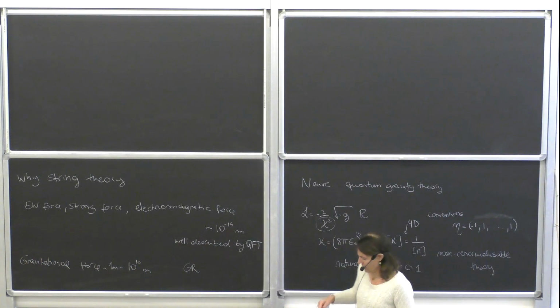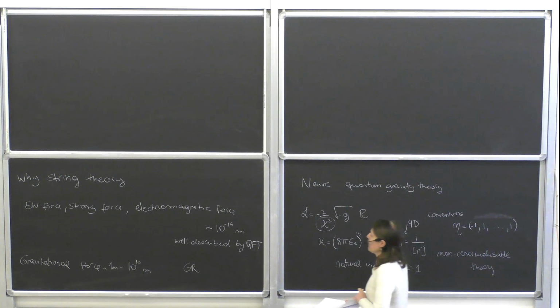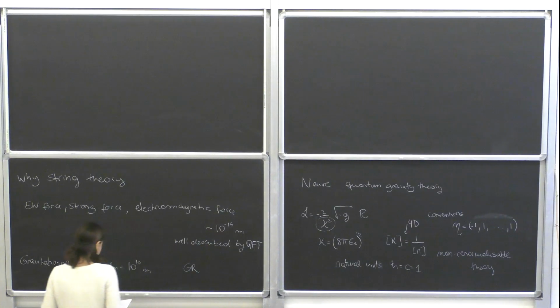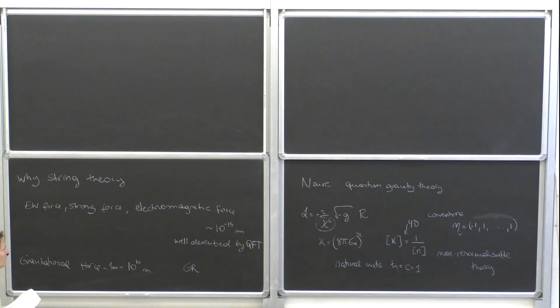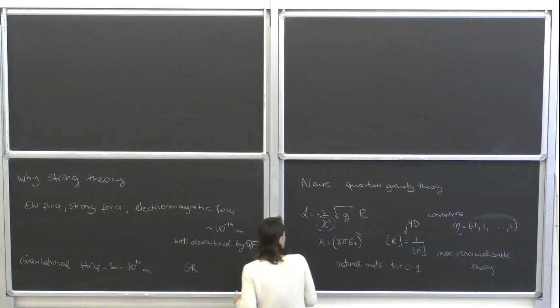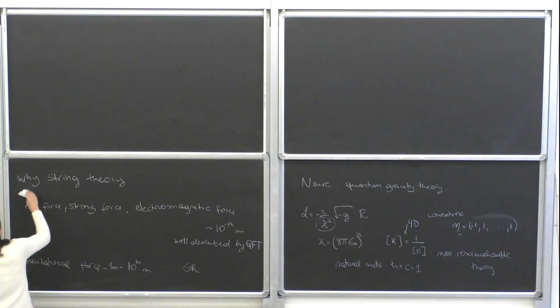Okay, so now what does one do? Well, now there are basically two ways of reasoning. One is to say that, well, no, let me say something more. Let me give you a bit more motivation for why we need quantum gravity.